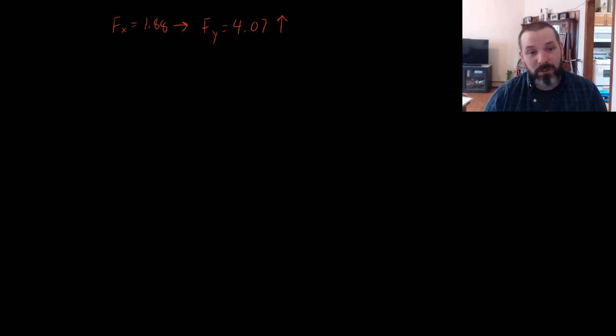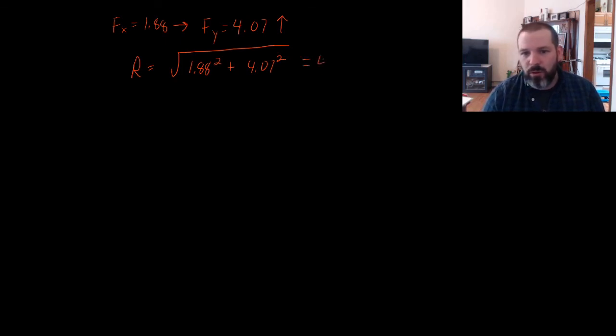The resultant is just the square root of 1.88 squared plus 4.07 squared. This equals 4.48 pounds.